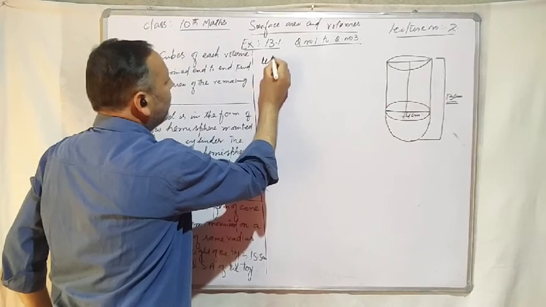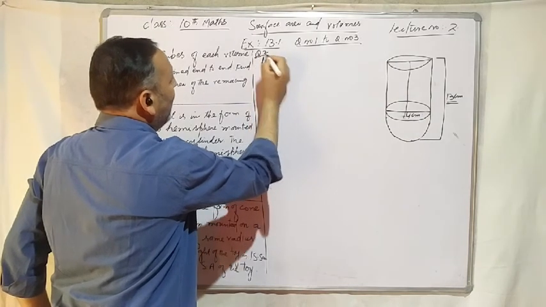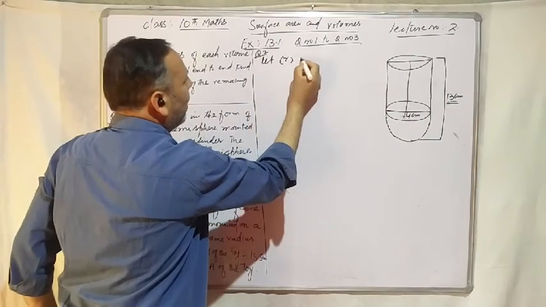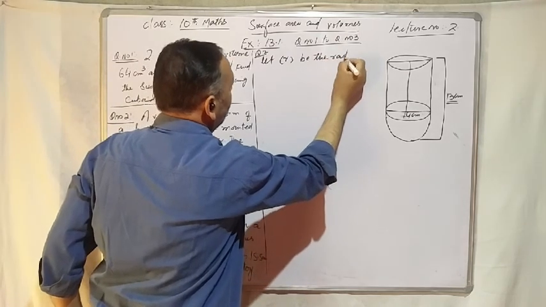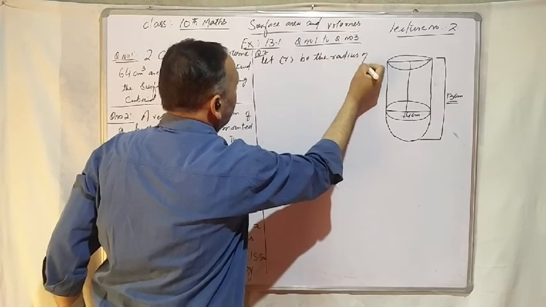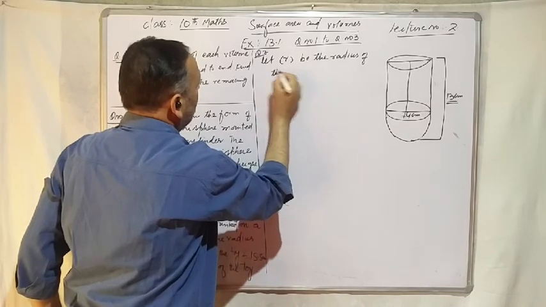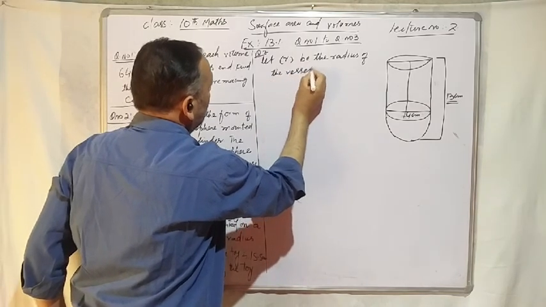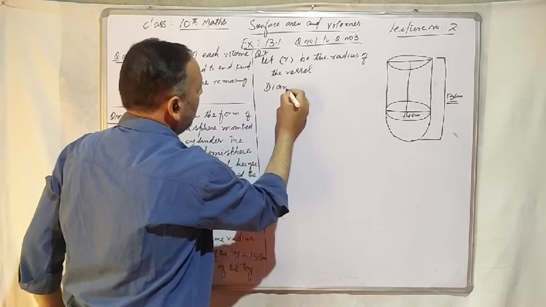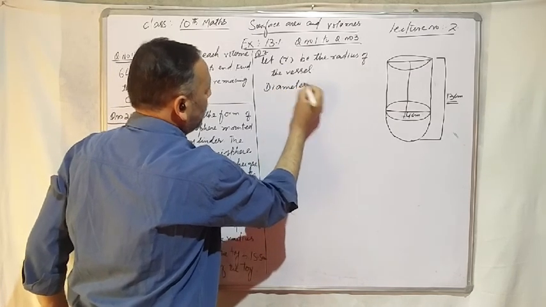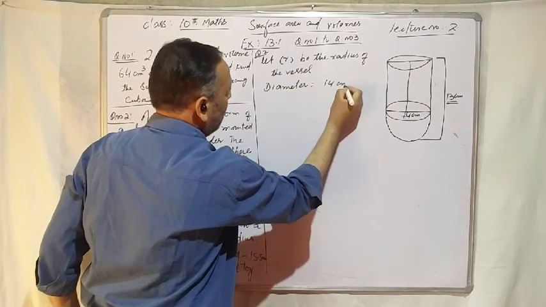So this is question number 2. Let r, small r, be the radius of the vessel. Now, diameter is 14 centimeter.